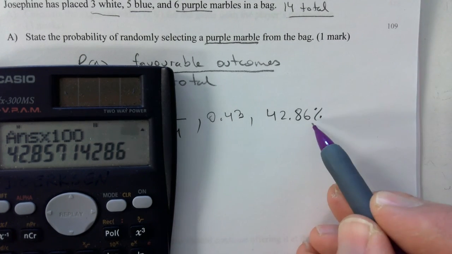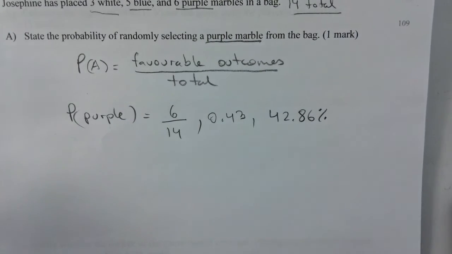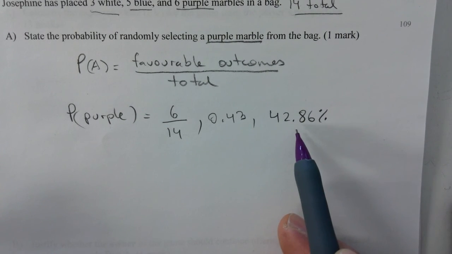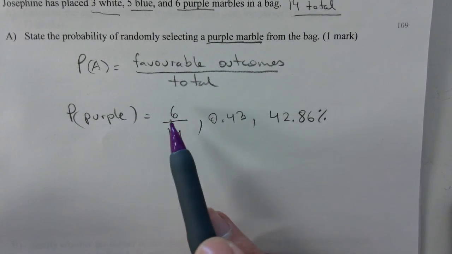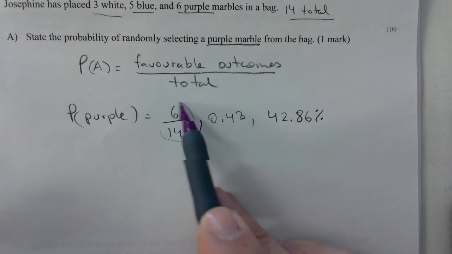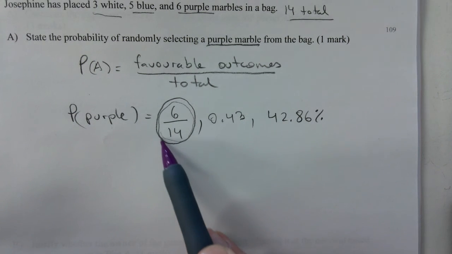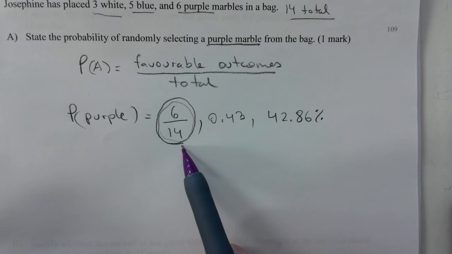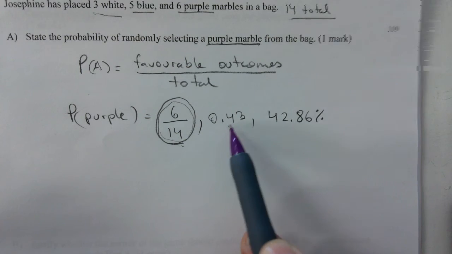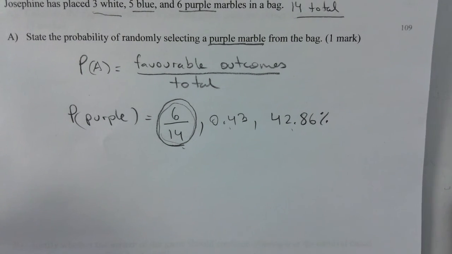So it's not 43% as a lot of students would normally be tempted to go, but I would just stop right there. They don't specify how you're supposed to state it, so I would stop right there, but this is also an option, right? So you're done, 1 mark.